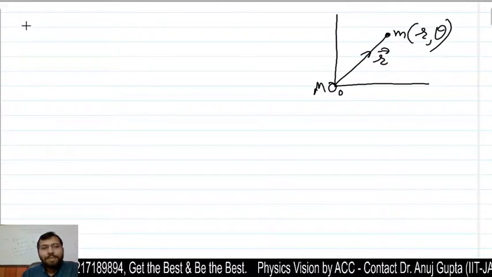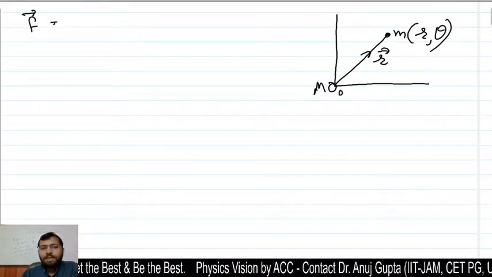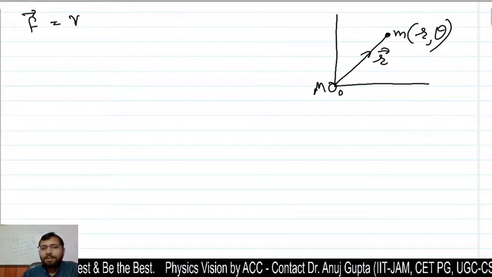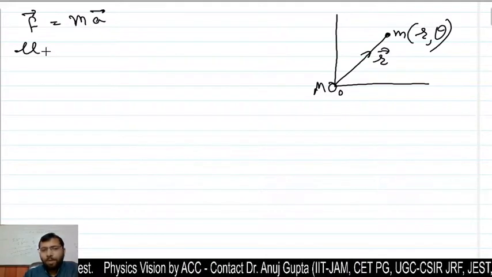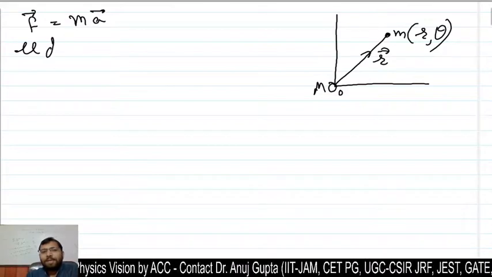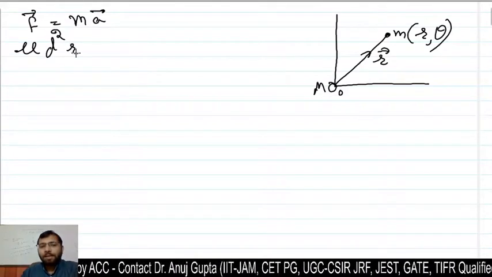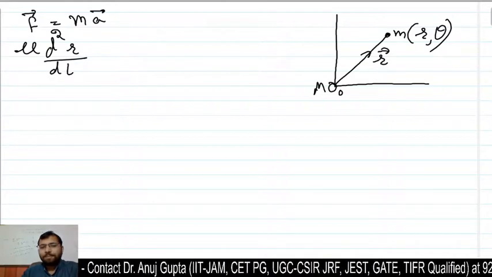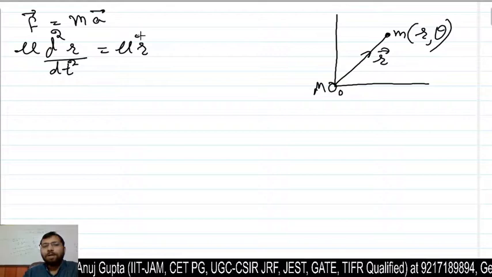Okay, what is the relation for force? This is given by mass into acceleration. Mass is replaced by mu, the reduced mass, we need to take the reduced mass of the system, and d square r by dt square, or we can say mu r double dot.